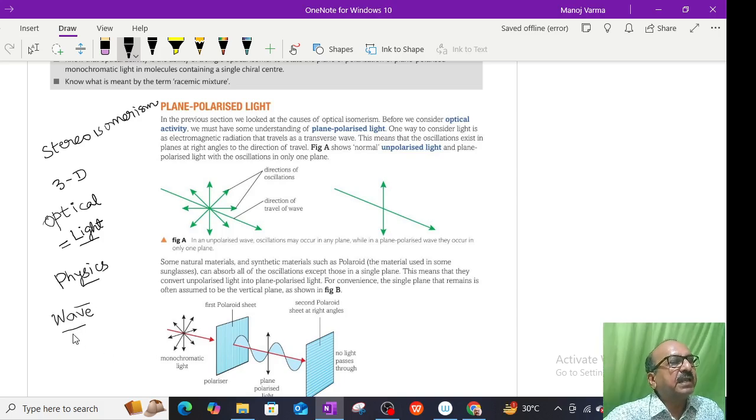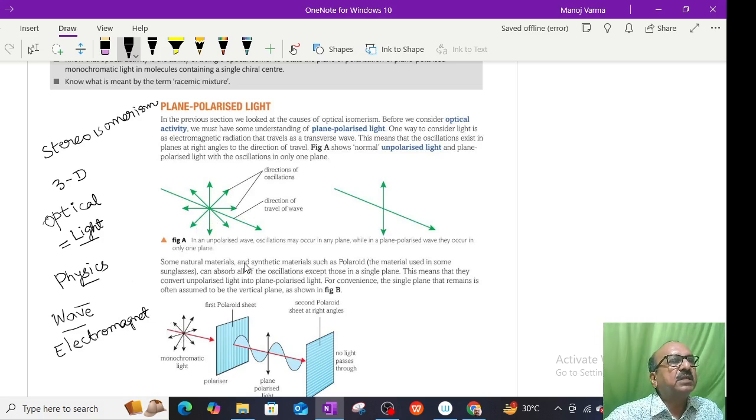And light is an electromagnetic wave. But once again, you don't have to bother about the electromagnetism aspect of the light. Basically, you have to understand that the vibrations which comprise light are electromagnetic vibrations.